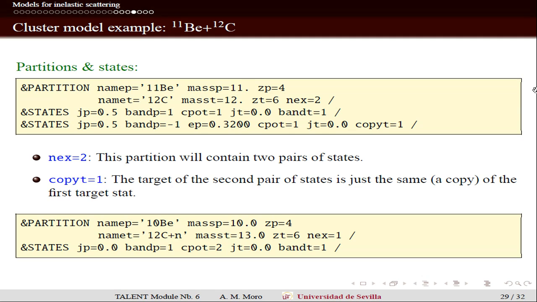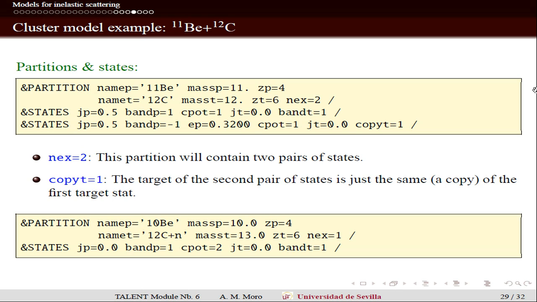This band P is the parity, J 1/2 minus, J 1/2 plus, excitation energy, CPOT, the index of the potential that will be used to describe the motion of the system in this state. Nex equal 2, because we are only including 2 states. Copy t equal to, because the target is the same in both states. So here we don't repeat the quantum numbers of the target. We write copy t equal 1.